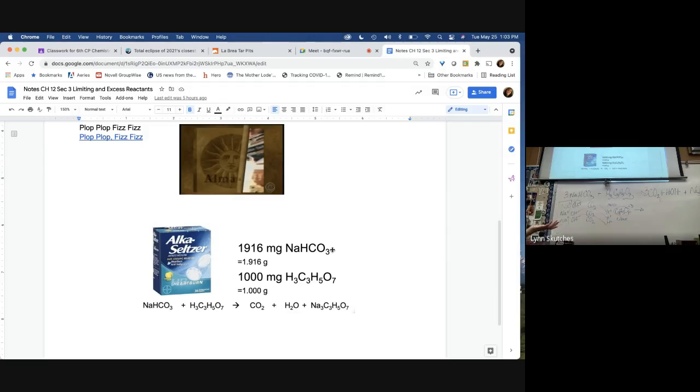What's HOH? Water. So we got 3 of those. And now we should be good because the 3 sodiums are with the citrate here. So 3 of these baking sodas go with 1 citric acid, makes 3 CO2s, 3 waters, and 1 sodium citrate.